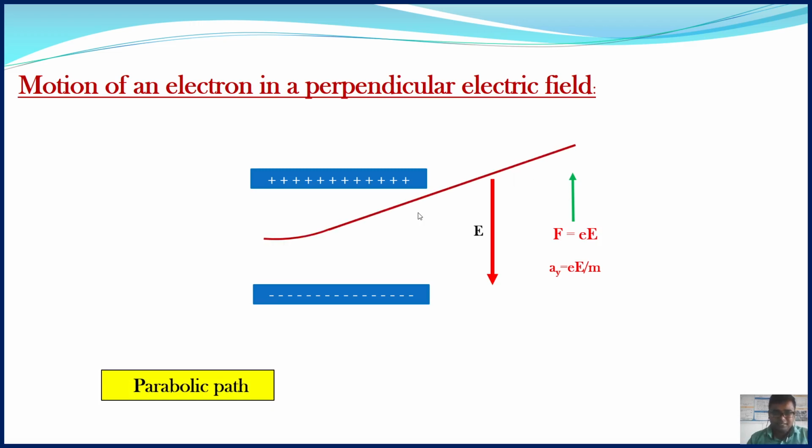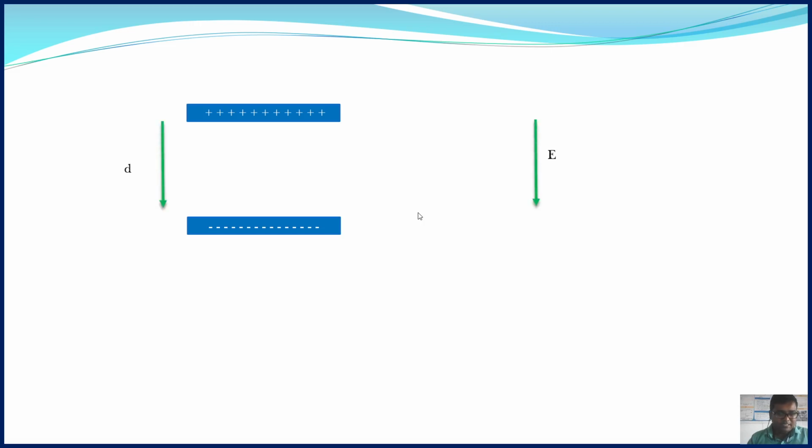Now let us discuss the mathematics behind this particular motion. For this, consider the two metal plates. The first one is positively charged, the second one is negatively charged. The separation between the plates is small d and the electric field between the plates is vertically downward, shown by the letter E. Consider an electron that has just entered the electric field.